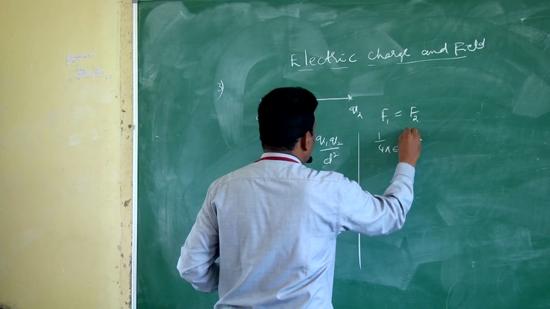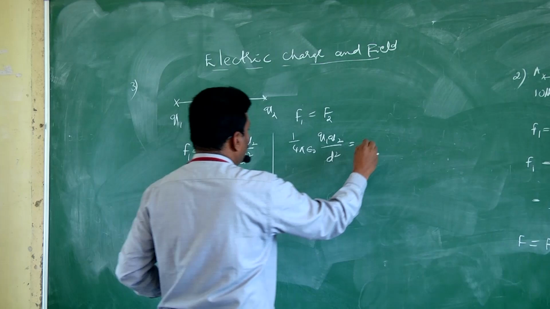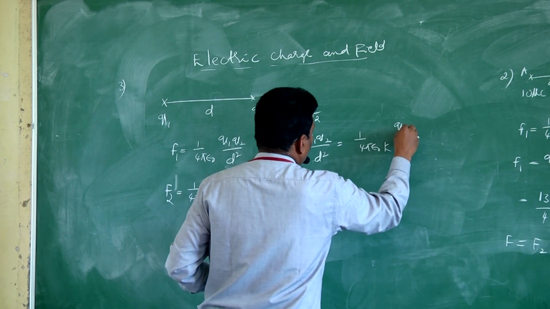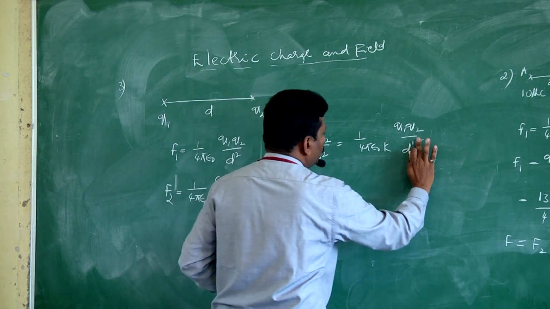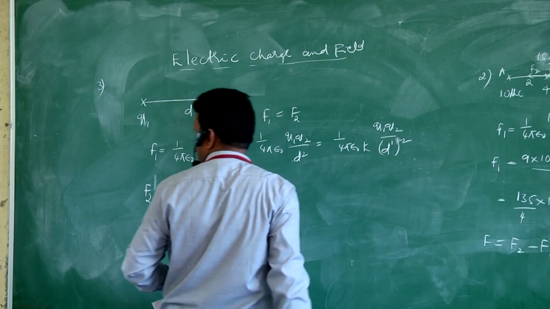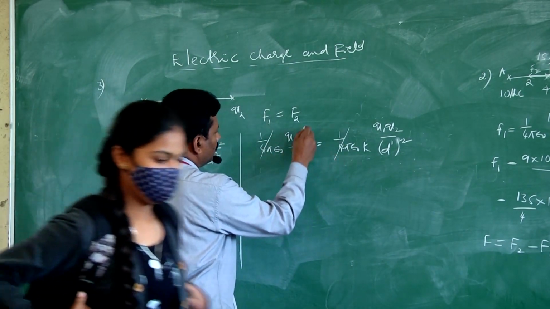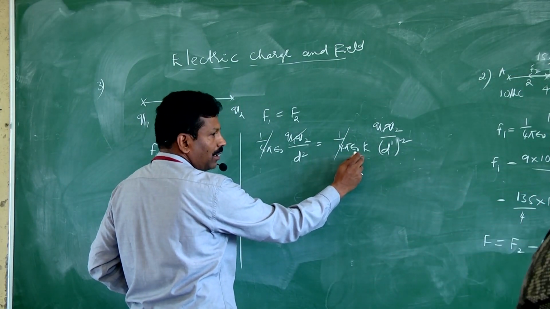So, 1 by 4 pi epsilon naught Q1 Q2 by d squared equals 1 by 4 pi epsilon naught K Q1 Q2 by d prime square. Cancel this, cancel this.